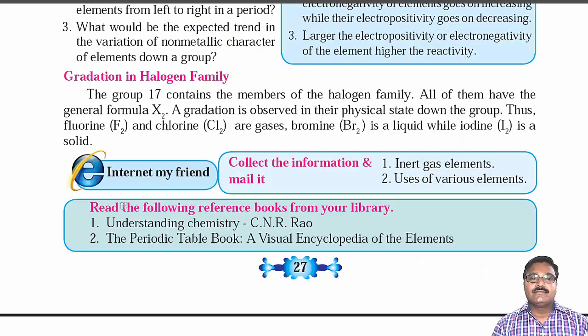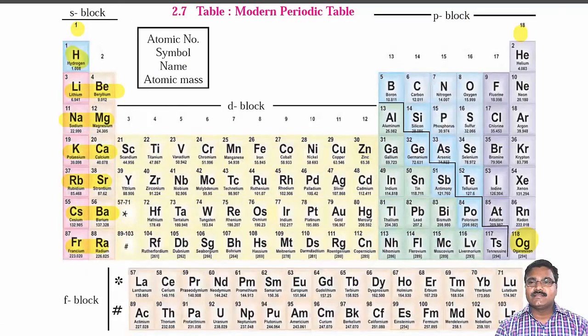Besides these trends, there is gradation in the halogen family. In group 17, the members of the halogen family are placed, and these are also denoted by the general formula X2, and this gradation is observed in the physical state down the group. Let us see where the halogens are placed in the modern periodic table.